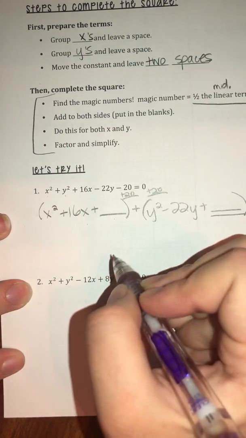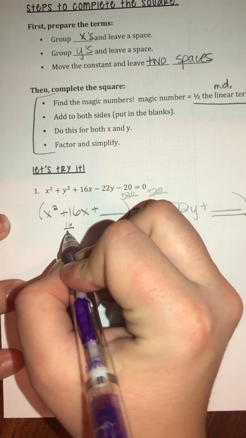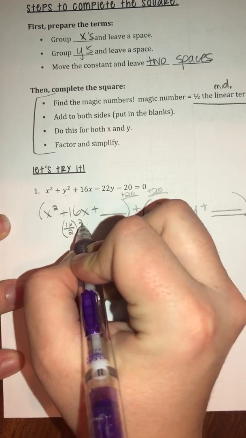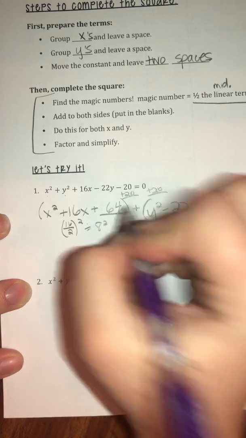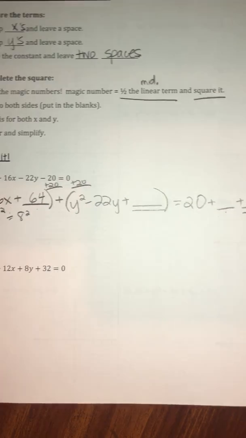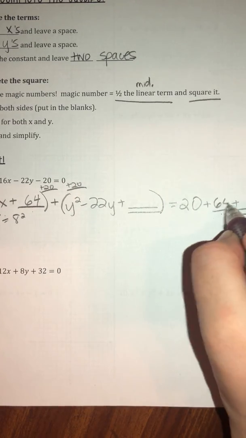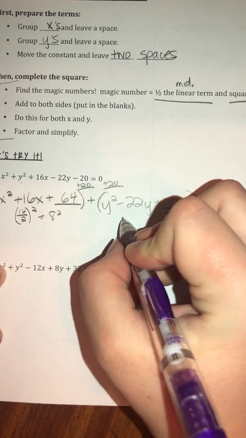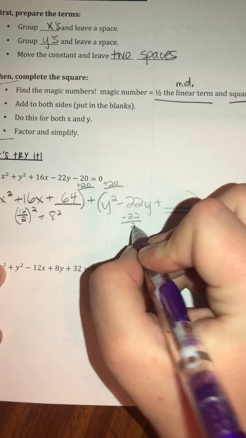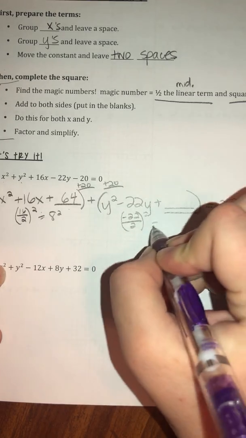Okay, so the magic number for this x, remember that's 16 divided by 2, and then square it. That's 8 squared, which is 64. That's also going to go in this first blank over here with the 20. Then the negative 22, divide that by 2 and square it.